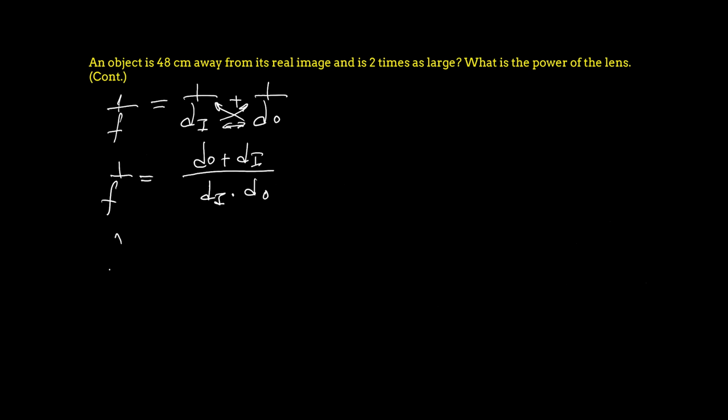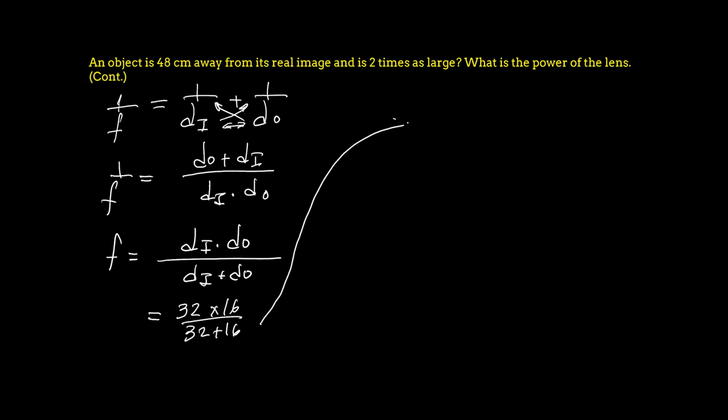Now to solve for F, flip both. Plug them in. So DI is 32, times 16, over 32 plus 16. F equals 32 times 16 over 48.